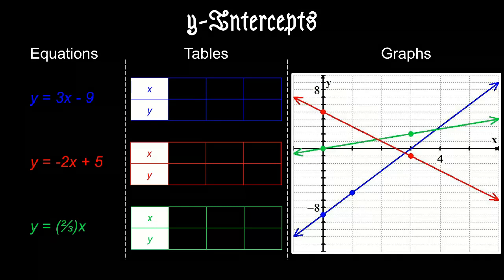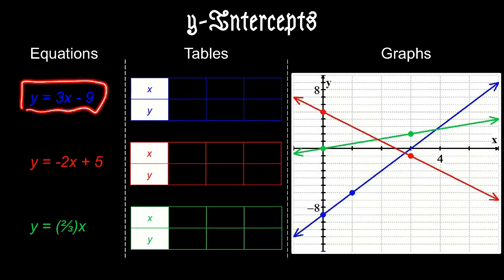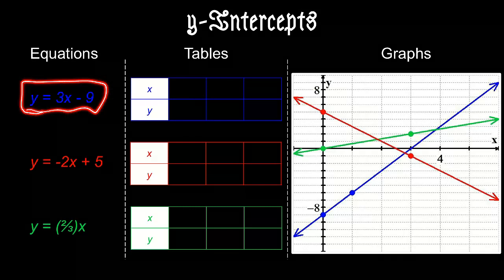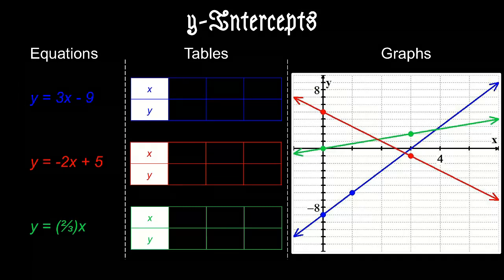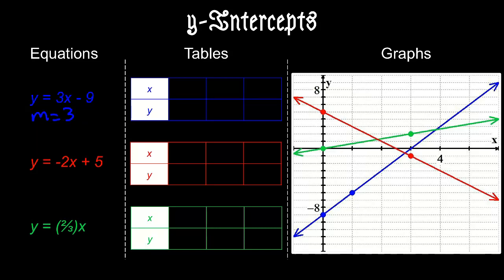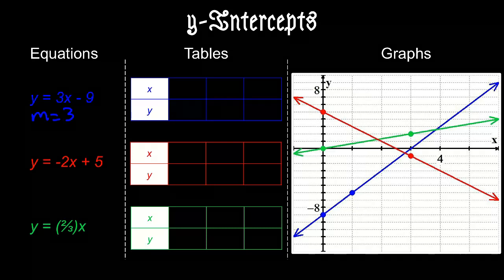We'll start out with the blue equation there, y equals 3x minus 9. So in this equation, we can see that our slope is 3. And remember, it's sometimes useful to think about slopes in terms of fractions.